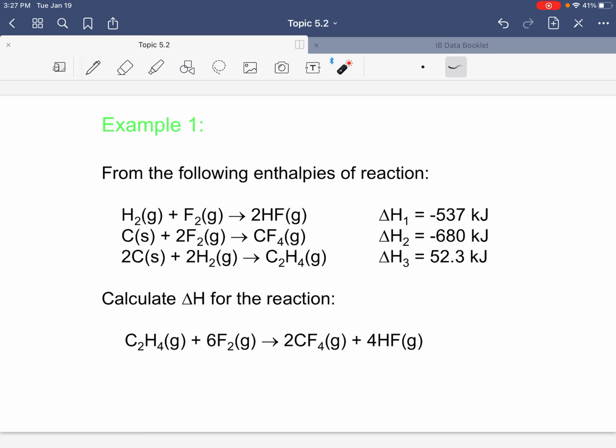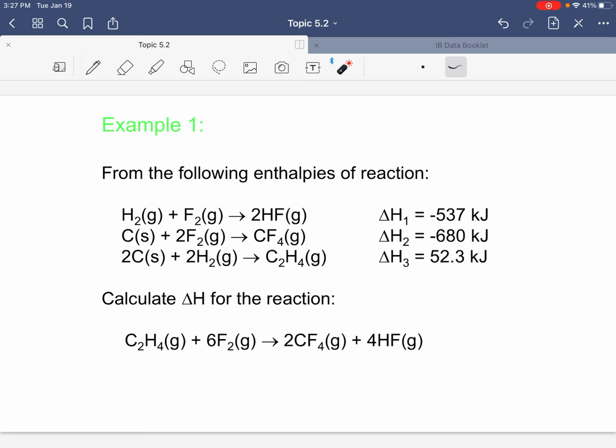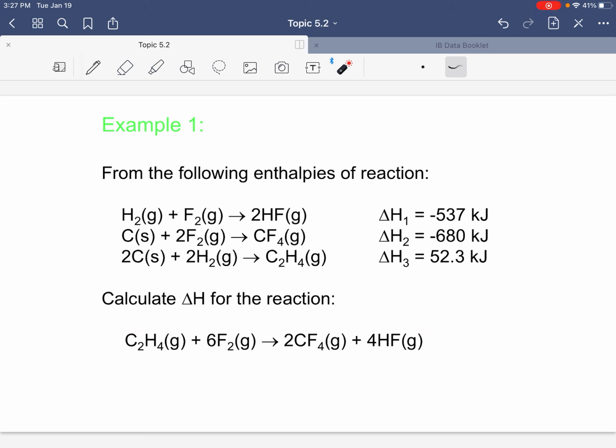The question is, how do you turn all this information into this? In other words, how do you manipulate all three of these equations to make it look like this? Sort of like a puzzle, if you think about it. So let me do this with you, and then I'm going to leave you with a few to do on your own. So basically, you want to combine all three of these to make it look like the target equation.